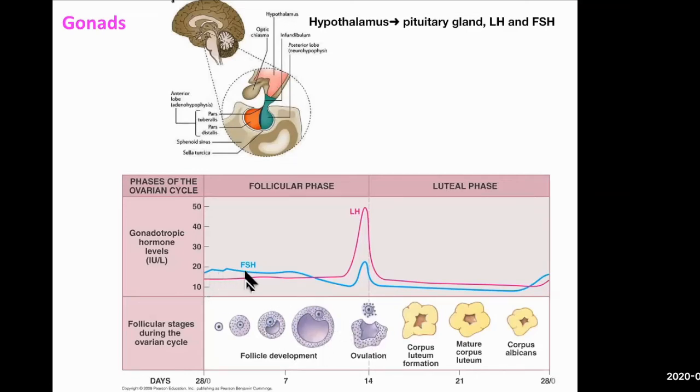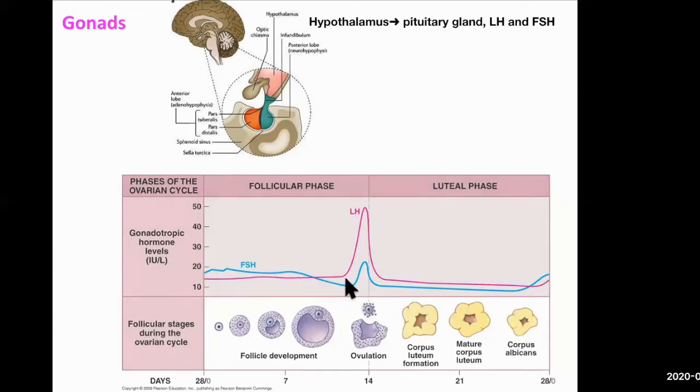This is all going to be driven by hormones, follicle stimulating hormone and luteinizing hormone, right? This is stimulated by the hypothalamus and pituitary gland, released into the blood and brought into the ovaries right here. This is the normal sort of cycle.